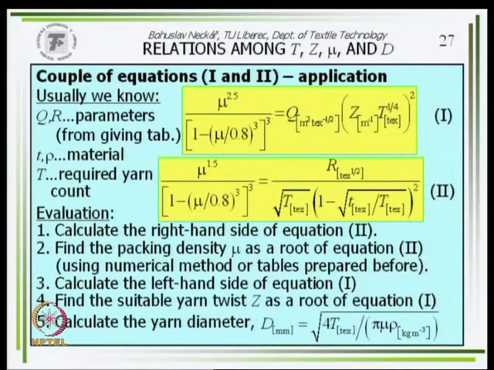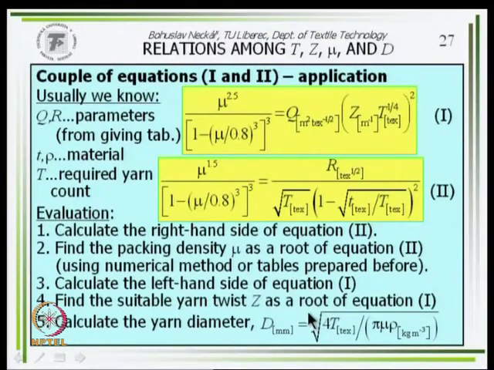You know, Z square is what? This by this and by T, Q and T to the power 1/4 times the square root, isn't it? Yeah. So it's trivial to obtain Z from this equation.